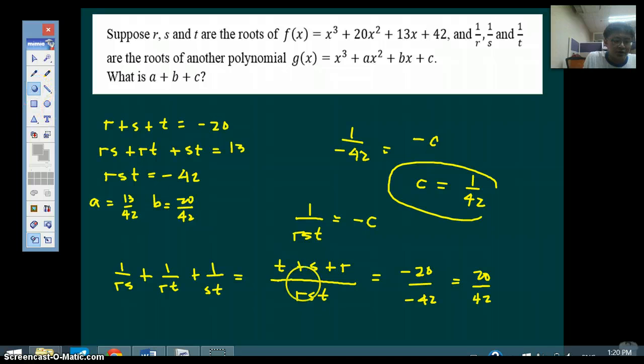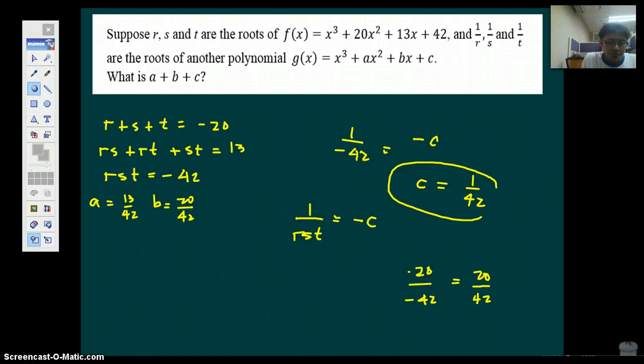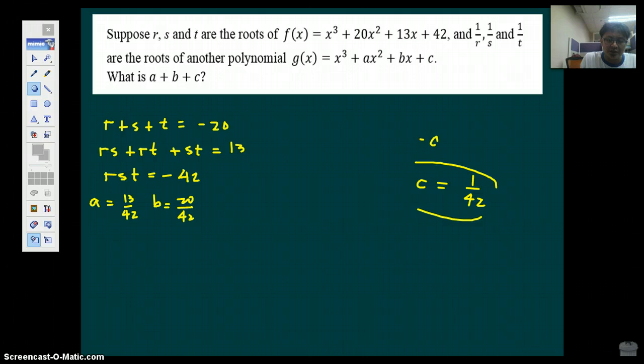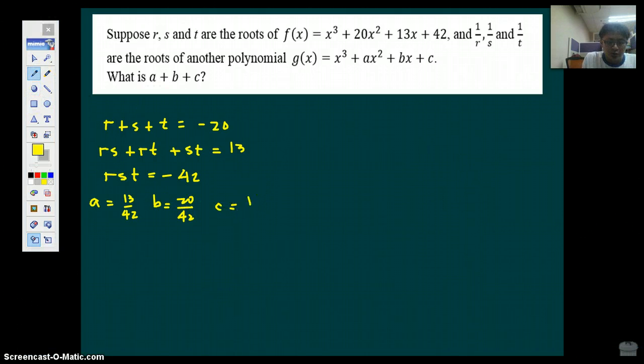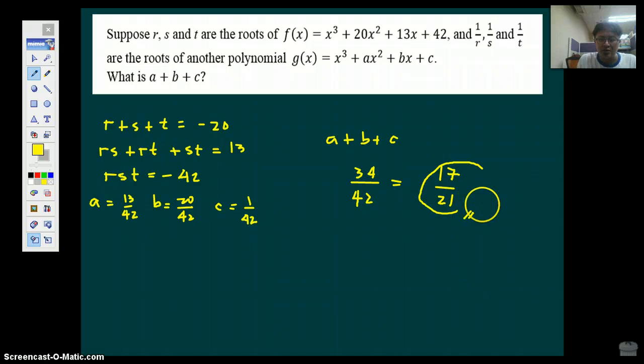So the value of a plus b plus c, which is the question in the first place, is 13 over 42 plus 20 over 42 plus 1 over 42, or 34 over 42. Simplifying, divide by 2, that's 17 over 21. That's the sum of a, b, and c.